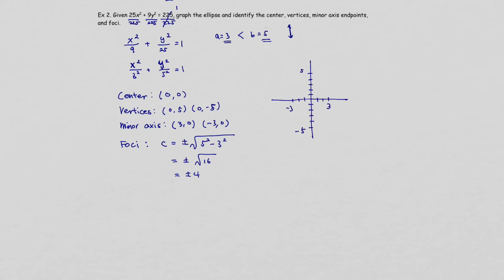So if we want to graph this ellipse, it will be 5, negative 5, 3, and negative 3. Draw the ellipse passing through those points. And then the focus points will be at 4.